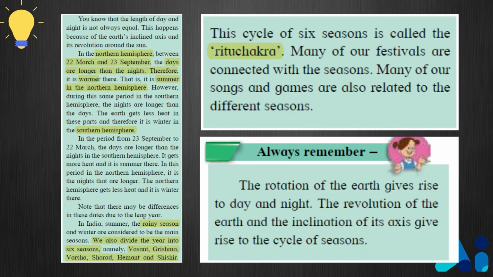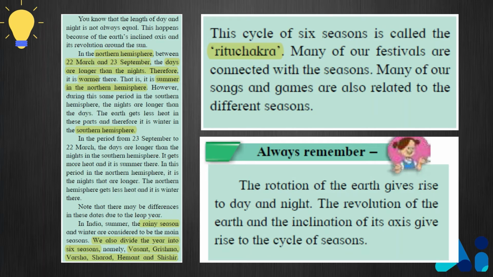Now in India, apart from summer and winter, we have the rainy season, so we have summer, rainy, and winter as well. These are the main seasons we divide the year into. But we can also divide the year into Ritu Chakra, or 6 different seasons. The cycle of these 6 seasons is referred to as Ritu Chakra.